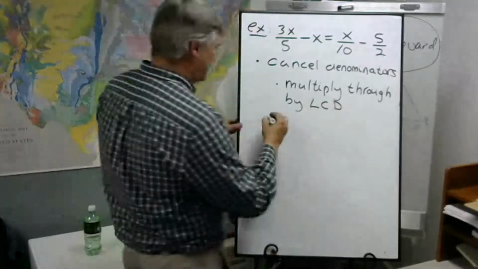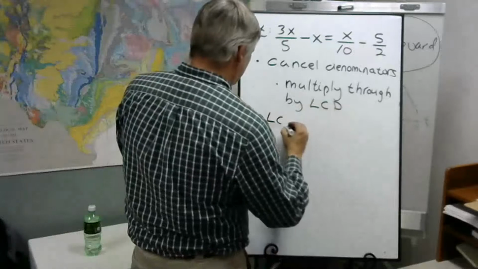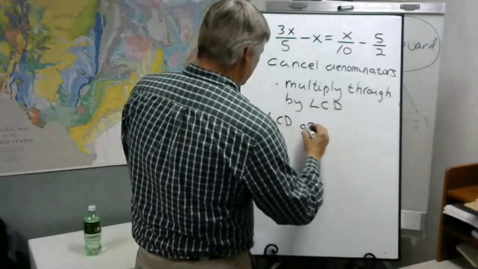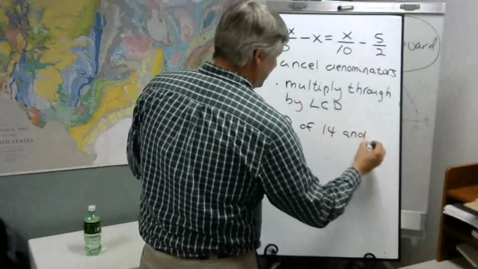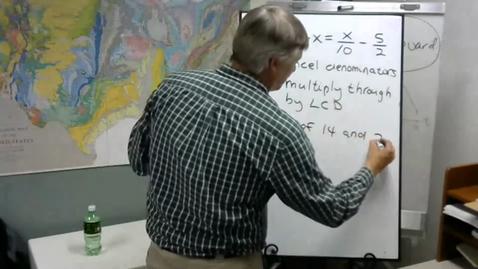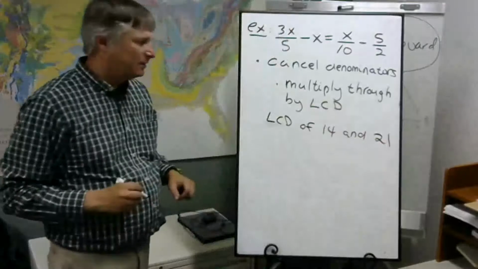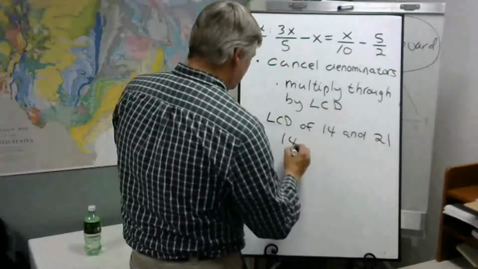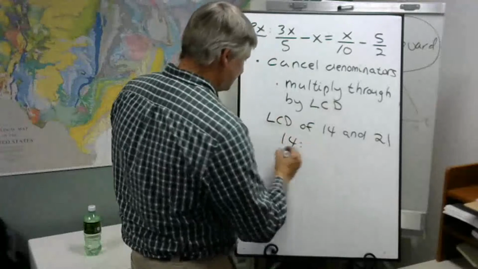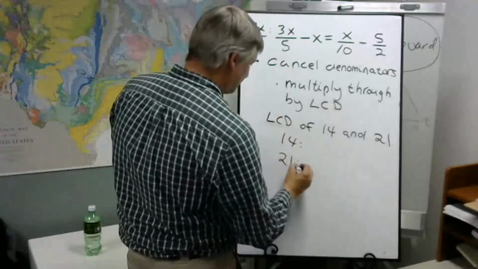So let's say we want to find the LCD of 14 and 21. So the first thing we do, let's list out the prime numbers.